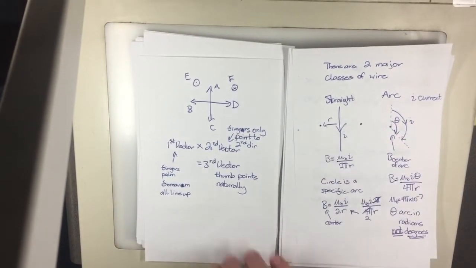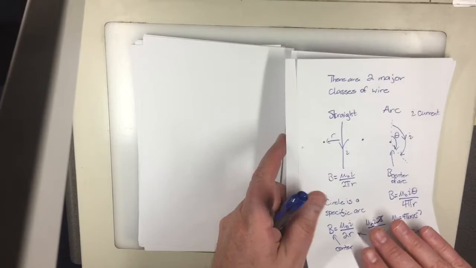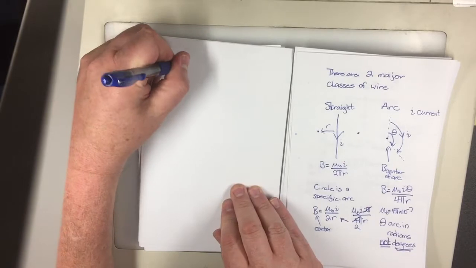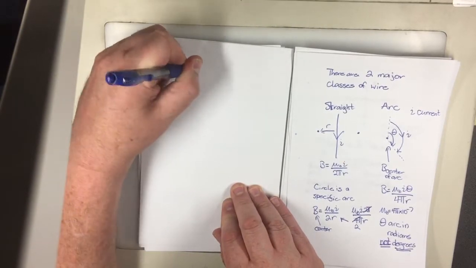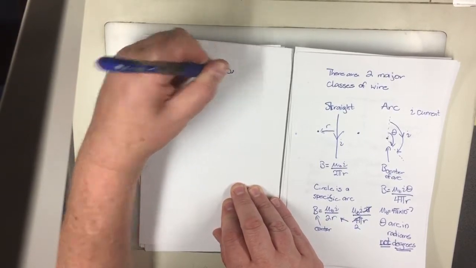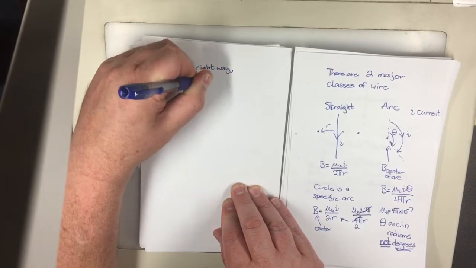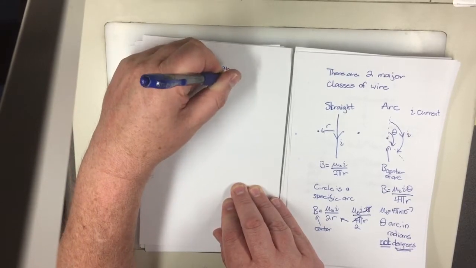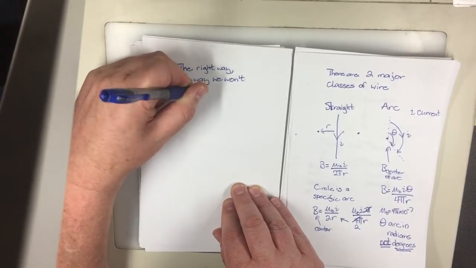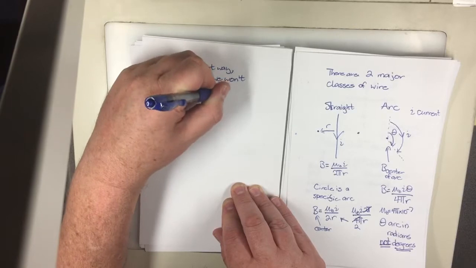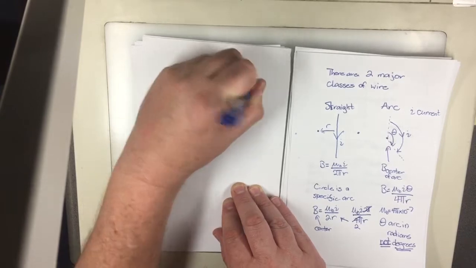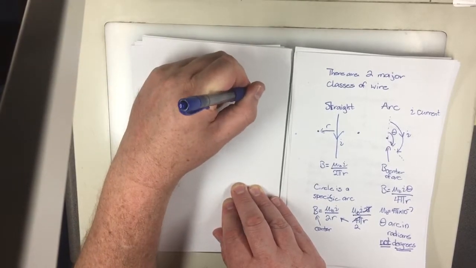With these guys, the other way we won't do is the Biot-Savart rule.